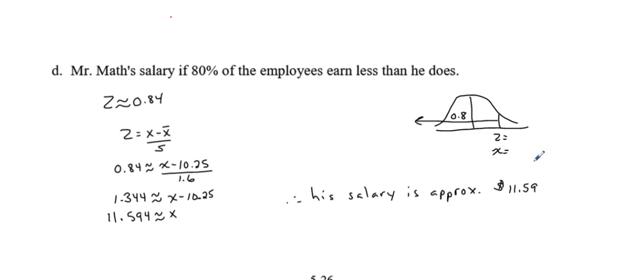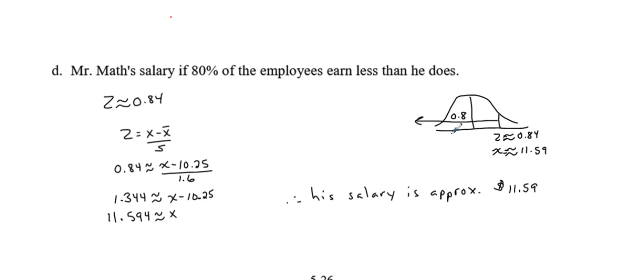So that made your z-score approximately equal to 0.84. And then using the z-score formula, substituting in the z-score, the mean, and the standard deviation, multiply both sides by 1.6, add 10.25 to both sides, and that means that the wage is approximately equal to 11.59, since it's money you round to 2 decimal places.